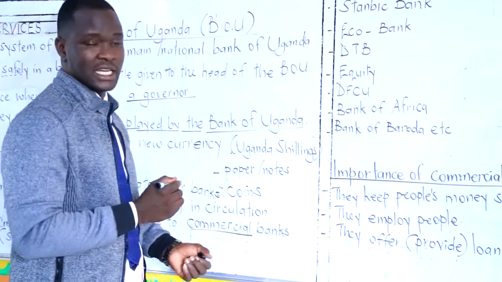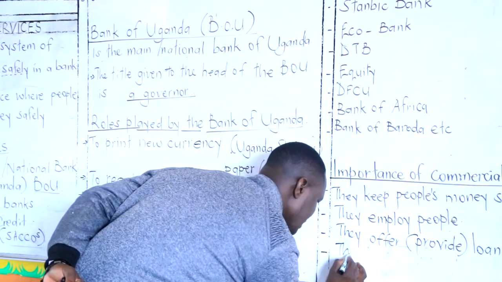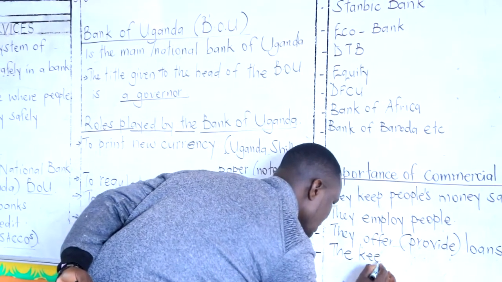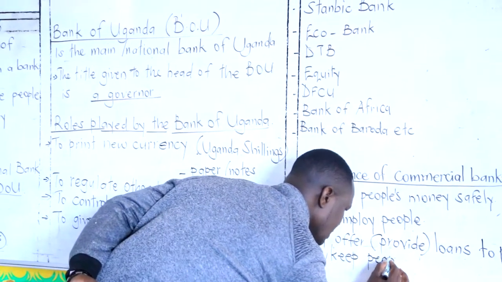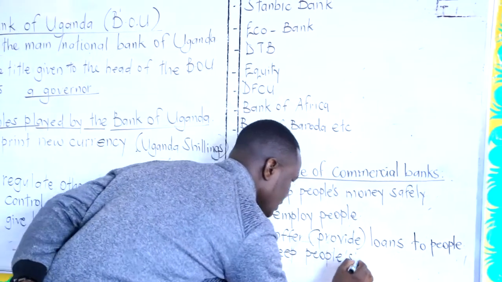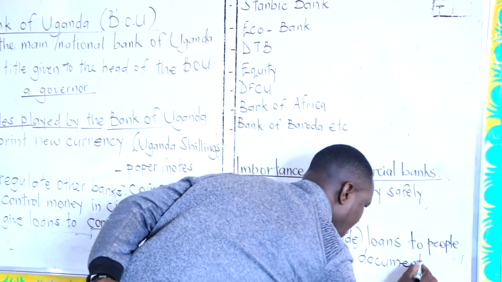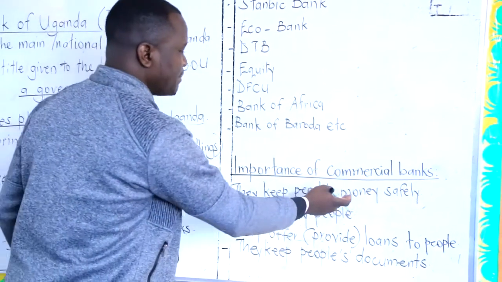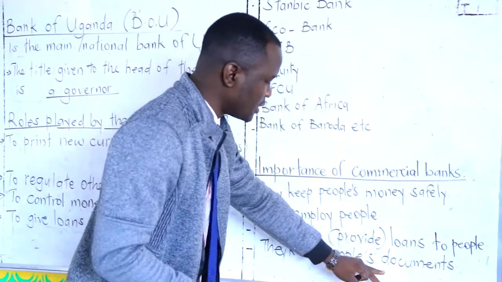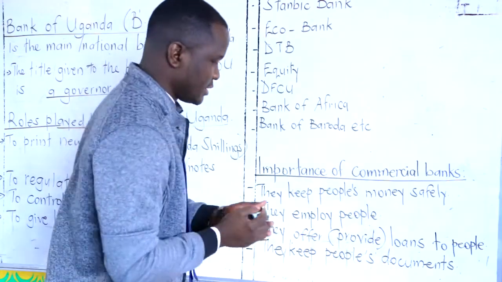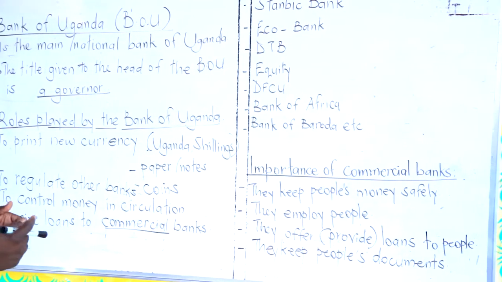So we shall say these commercial banks keep people's important documents. Apart from keeping money, they can also keep people's what? Important documents.